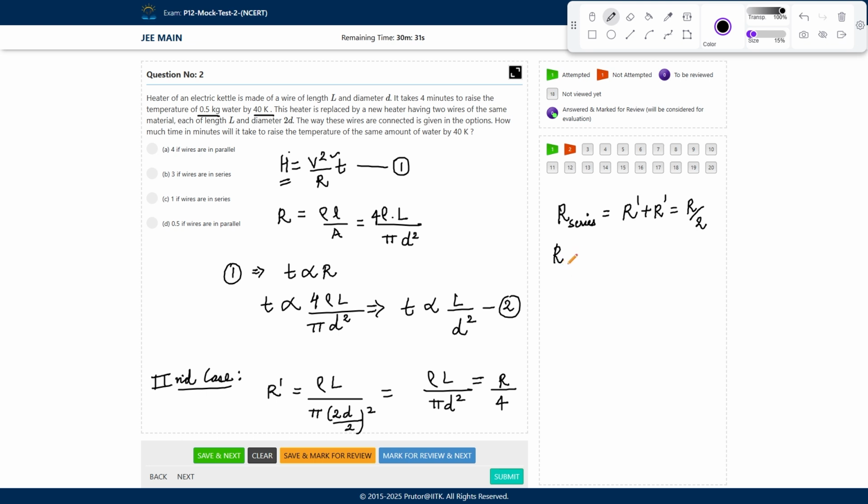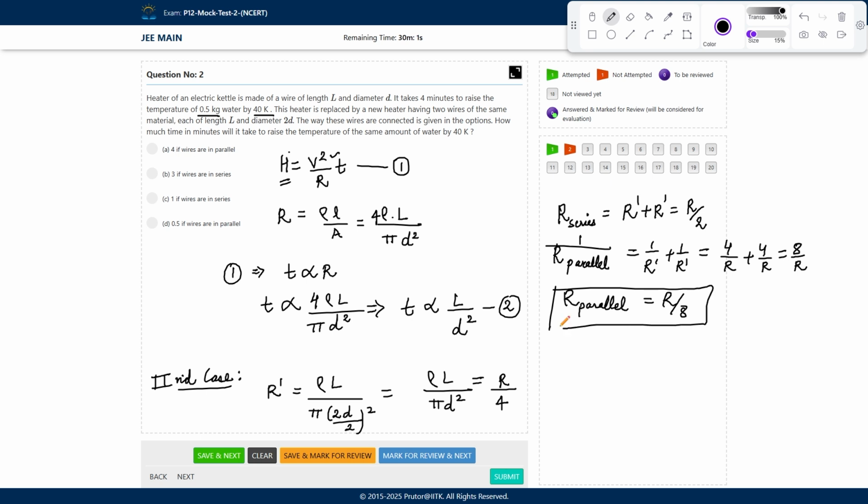And if we connect this in parallel combination, then 1 by R parallel equals 1 by R dash plus 1 by R dash, which is equal to 4 by R plus 4 by R, which is equal to 8 by R. So R parallel will be R by 8. So these are the two things. If we connect these two wires in series, the equivalent resistance will be R by 2. If we connect in parallel, the equivalent resistance will be R by 8.